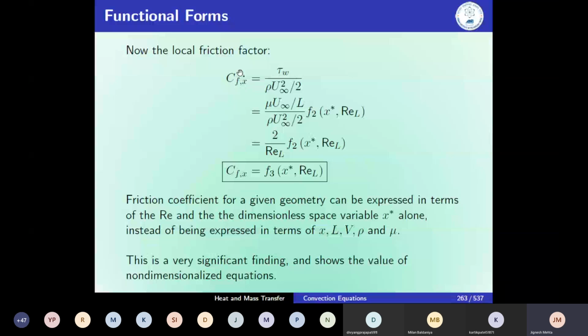These parameters, whether you talk about the friction factor or Reynolds number, their local value is one thing, and then you find it by integrating it over some length, and you get the average value. Currently we are talking about the local value. So what you finally get is that Cf,x is 2 upon Reynolds number into some function of x star and Reynolds number, right?